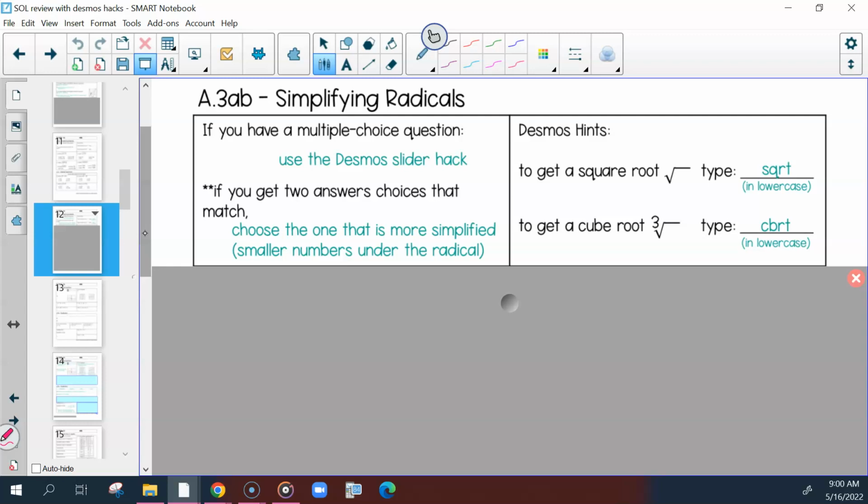Say that again. If you capitalize it, I'm going to show that in a second. Yes. SQRT and CBRT. When we get to that page, ask it again.